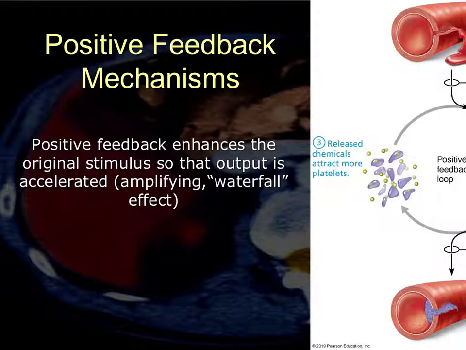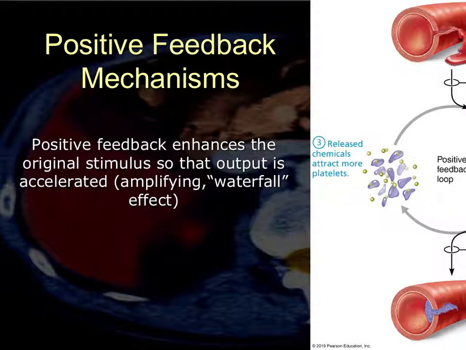Once those platelets join in on the party, they release even more clotting factor, which causes even more platelets in. See where we're going here? Start with a little bit of platelets, but eventually we're going to get a whole lot of platelets until we get a nice plug form. Okay, so that's positive feedback. You start something and you keep it going.